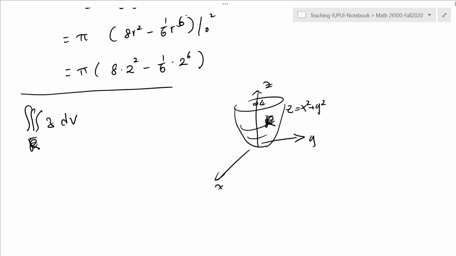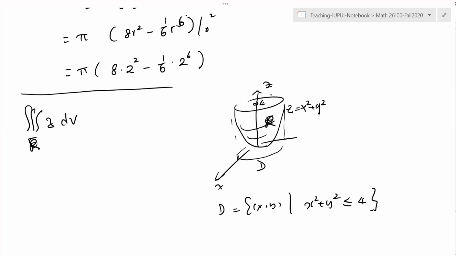What I'm trying to do here is project this solid onto a disk D. D is going to be the set of x and y with x squared plus y squared less than or equal to 4. When z equals 4, the horizontal circle on the top is x squared plus y squared equals 4.